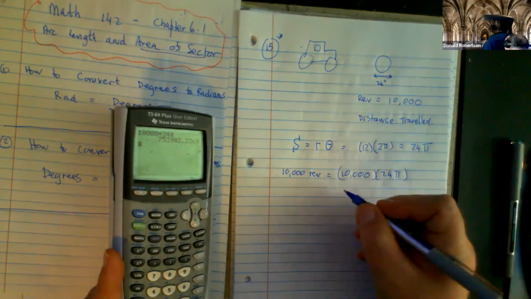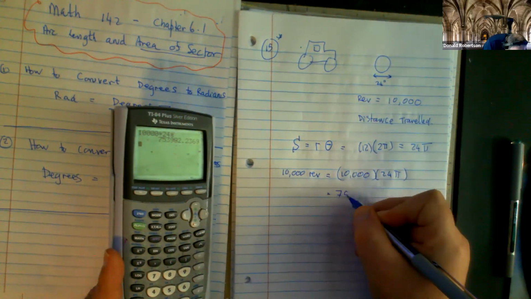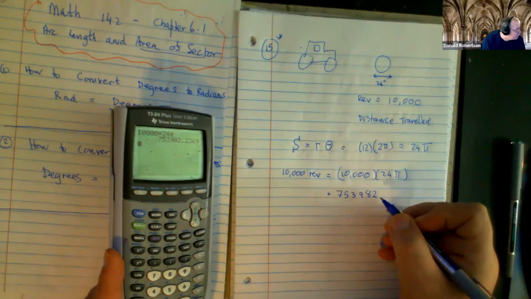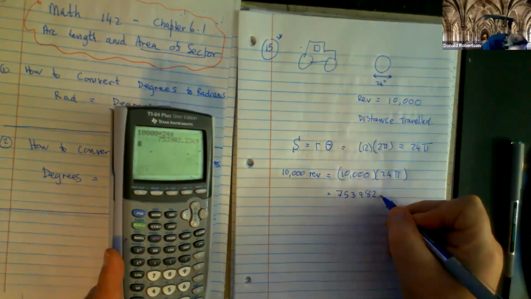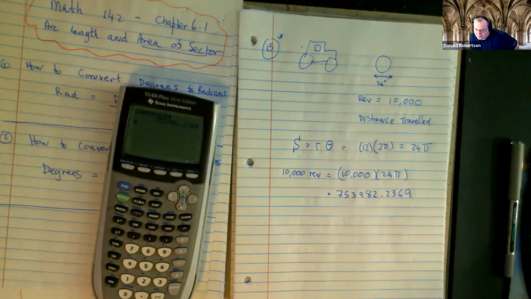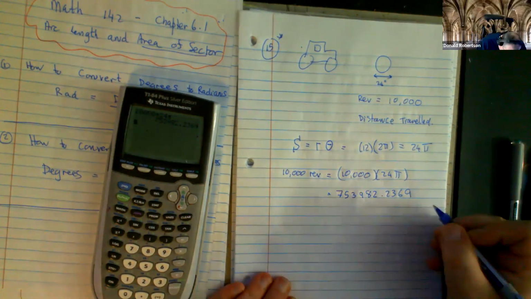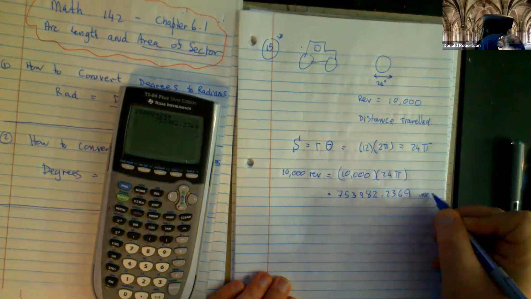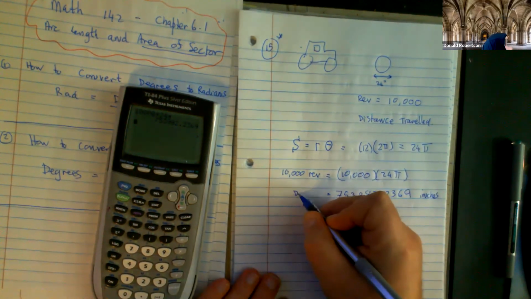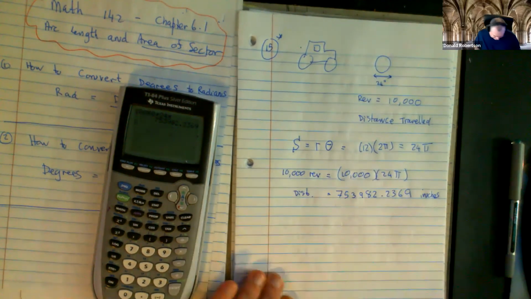And this answer is 753,982. And they want the answer to 2 decimal places. So I'm going to do that guy to 4, right? Just to be safe. And that was inches. So that's essentially the distance.